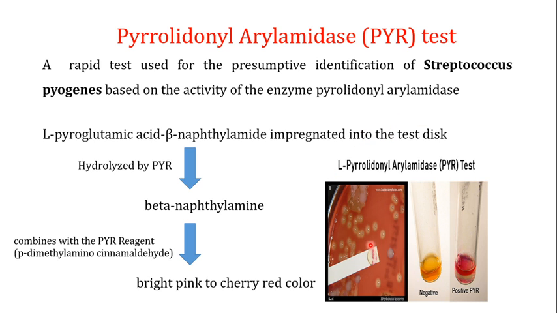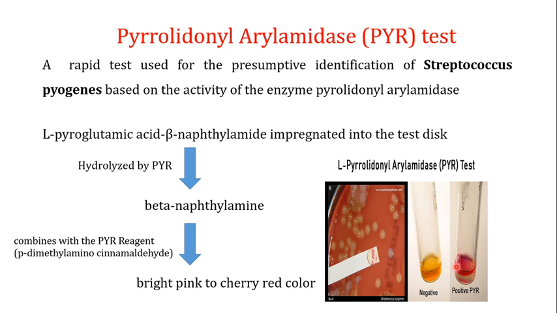If you introduce that into the media containing Streptococcus pyogenes, the PYR enzyme from Streptococcus pyogenes is going to act on this substrate and hydrolyze it, giving you another compound known as beta-naphthylamine. When you combine this beta-naphthylamine produced by the PYR enzyme with another reagent, the PYR reagent, which is p-dimethylaminocinnamaldehyde, it gives you a bright pink or cherry red color, as you can see over here.